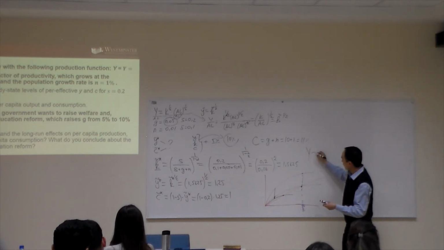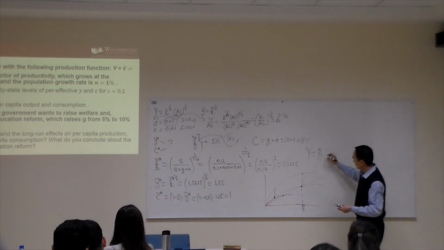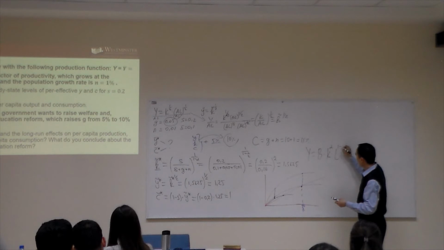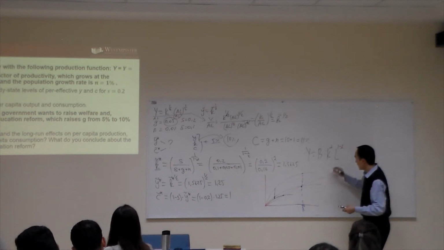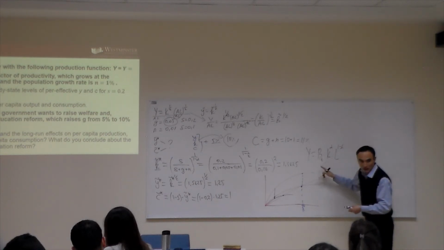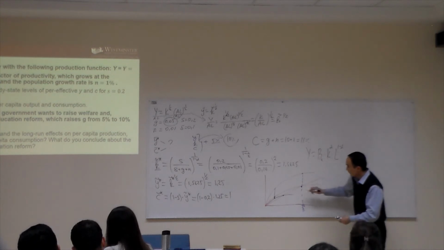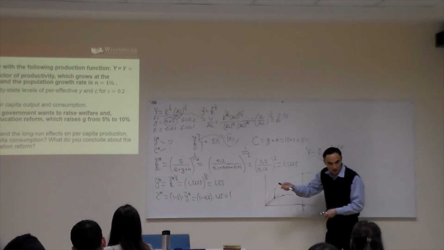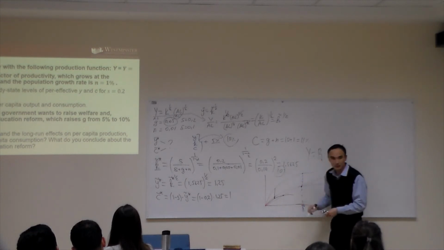So now our Y is equal to technology times capital to the power of alpha times labor to the power of 1 minus alpha. Now we are saying this technology is growing. If it was 5%, but because of government intervention it became 10%.